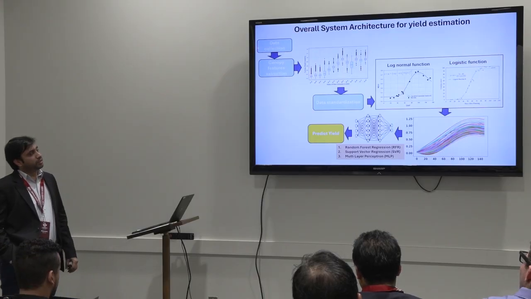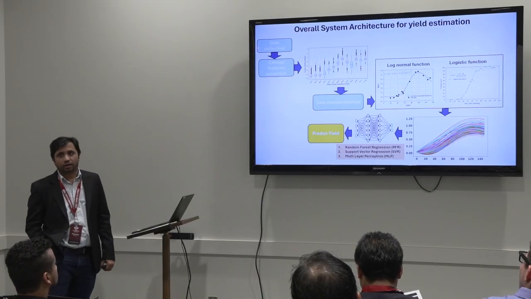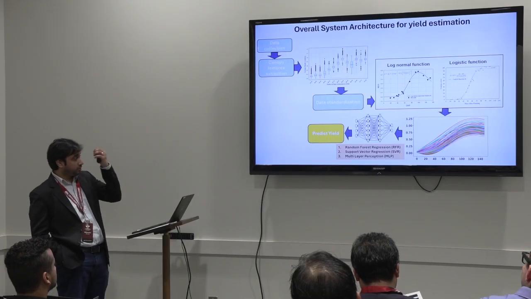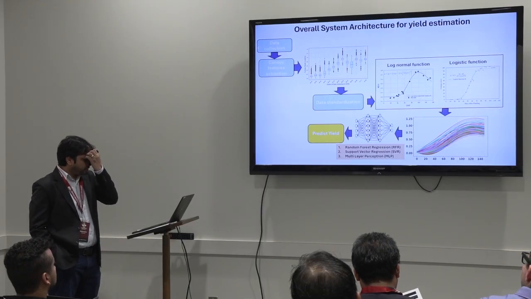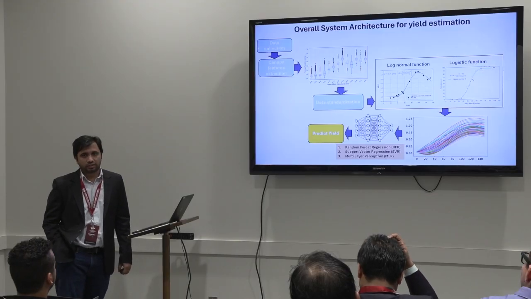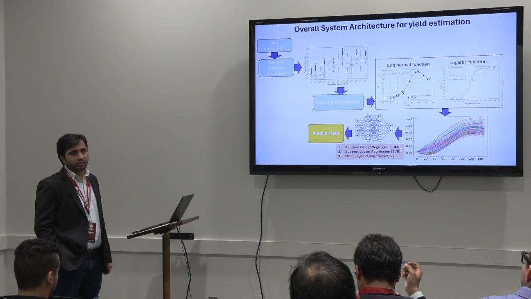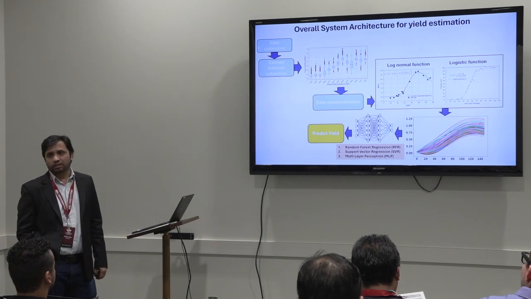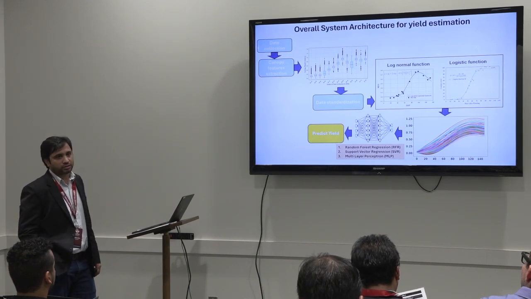Now the yield prediction protocol that we have been focusing on is that the data is collected and features are extracted. One of the major things we always need to do is deal with the time series data set, because the time steps are never going to be consistent. You'll never be able to collect the data at exactly the same time in multiple locations and multiple years.